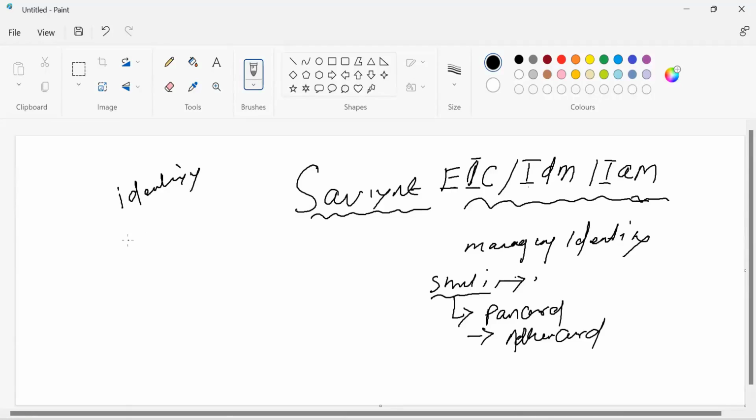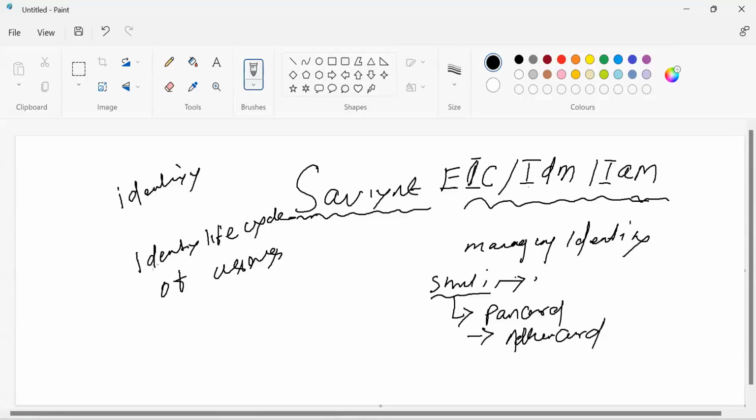Basically Saviynt is a framework or a tool, you can say. This is a pre-built tool. It is used to manage the identity life cycle of users.